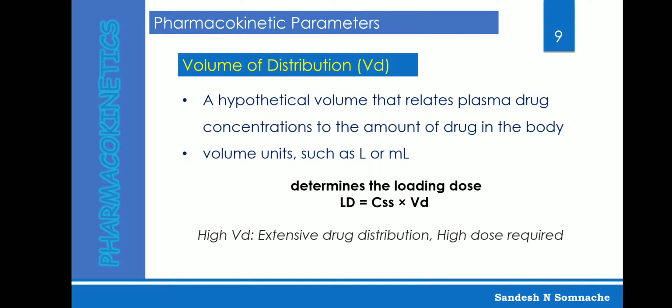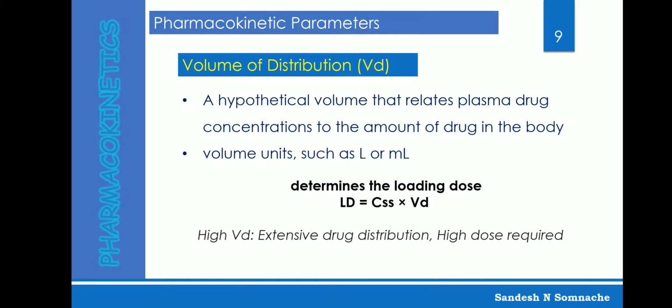During multi-dose therapy, when the drug is given, initially the plasma drug concentration is below the subtherapeutic range, and if we give a constant dose, then after some period of time we can achieve the therapeutic window, but it is time consuming. So for a loading dose, initially one booster dose is given so that the plasma drug concentration immediately reaches the therapeutic range.